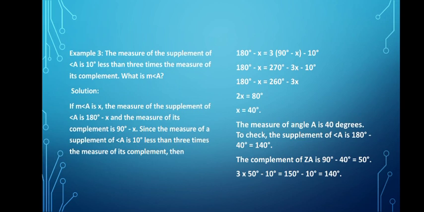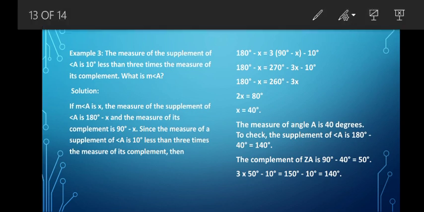I-subtract natin yung X. And then the measure of its complement is 90 degrees minus X. Since the measure of the supplement of angle A is 10 degrees less than 3 times the measure of the complement, this is our solution. So 180, saan ang galing yung 180?